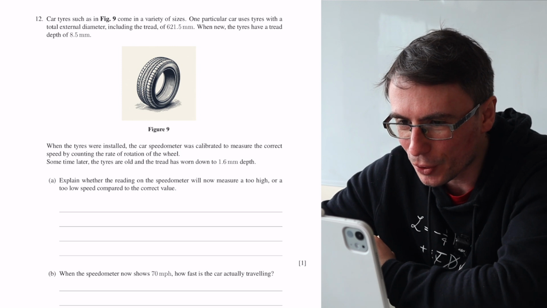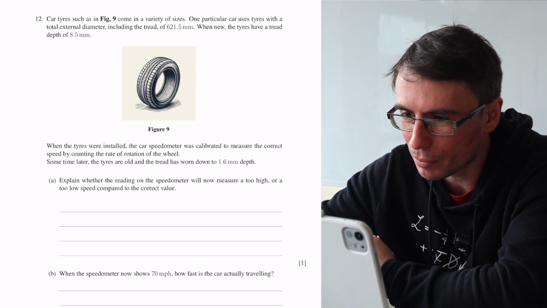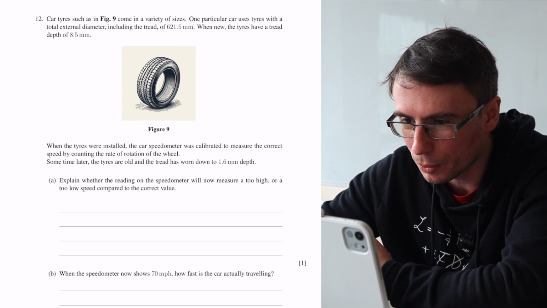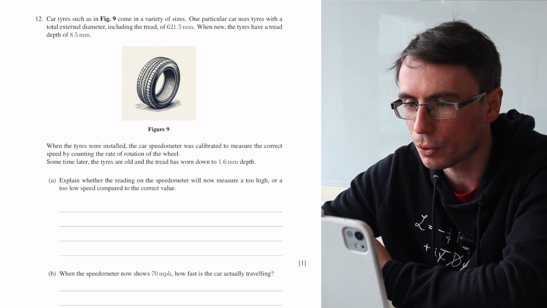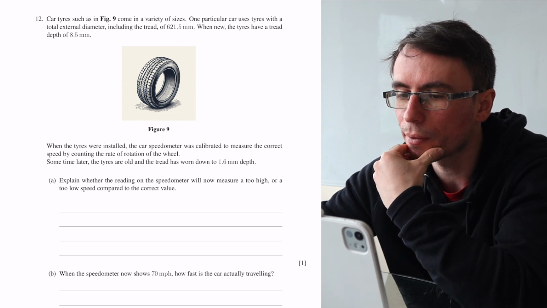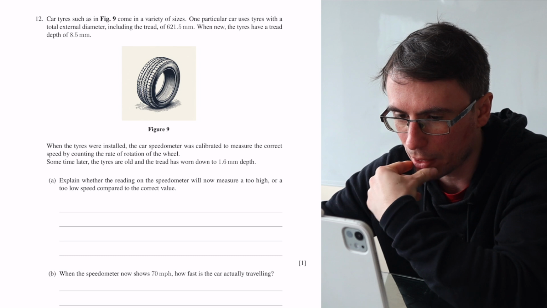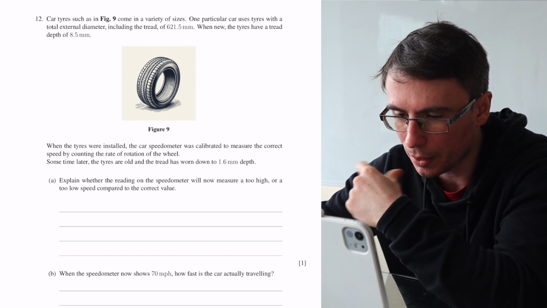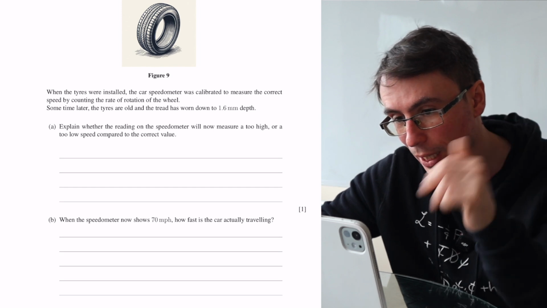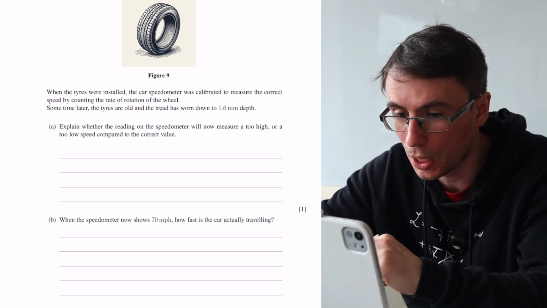So, car tires, such as in figure 9, come in a variety of sizes. One particular car uses tires with a total external diameter, including the tread, of 621.5 millimeters. When new, the tires have a tread depth of 8.5. When the tires were installed, the car's speedometer was calibrated to measure the correct speed by counting the rate of rotation of the wheel.